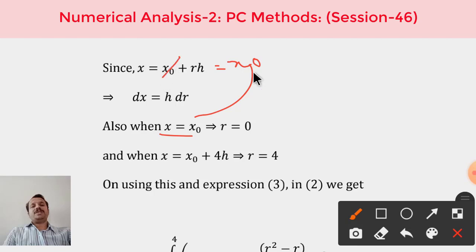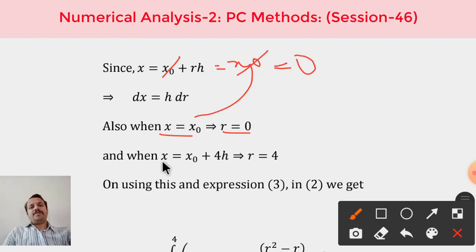You can simplify this by cancellation. So RHS will be only 0. LHS is r into h. RHS is 0. So here h can be divided on the other side, 0 divided by h is 0. So therefore r value will be simply 0. So we got the lower limit for r.